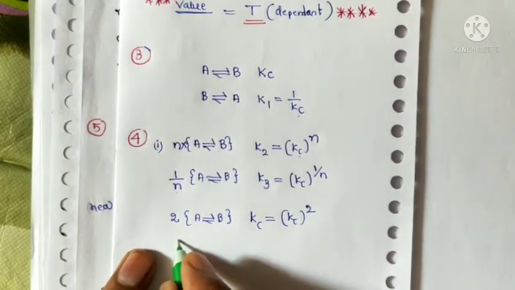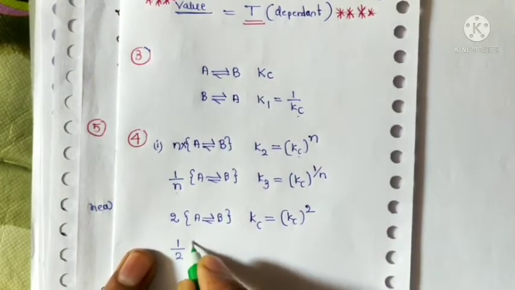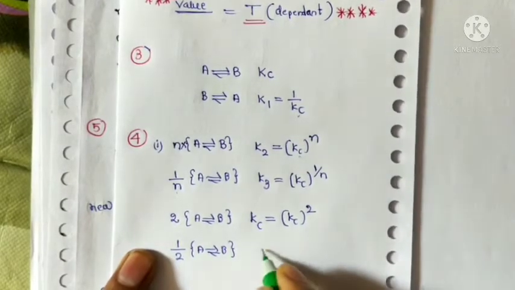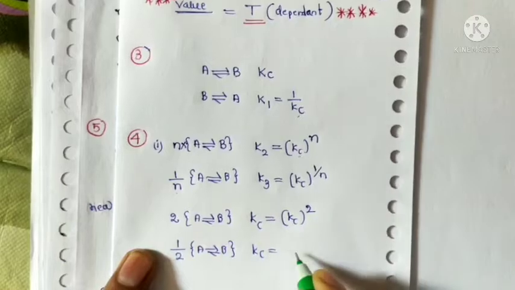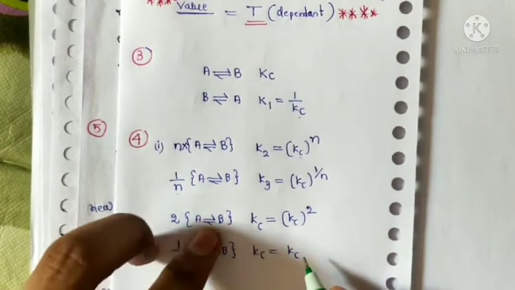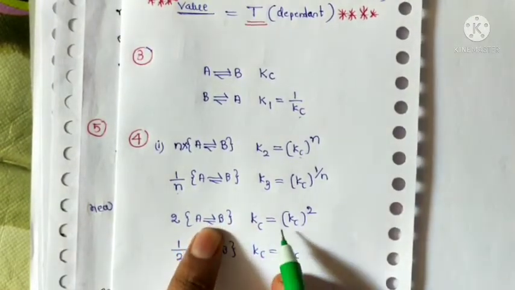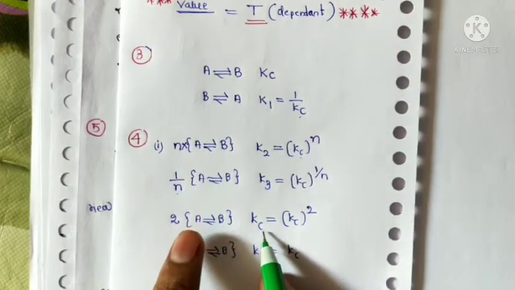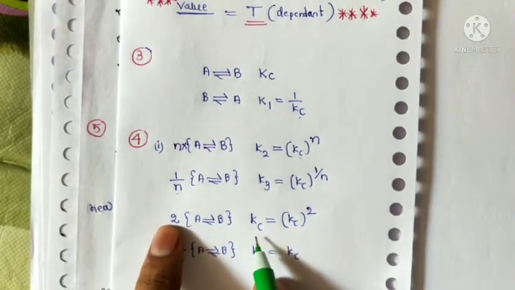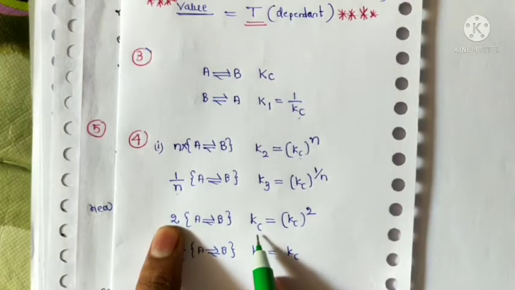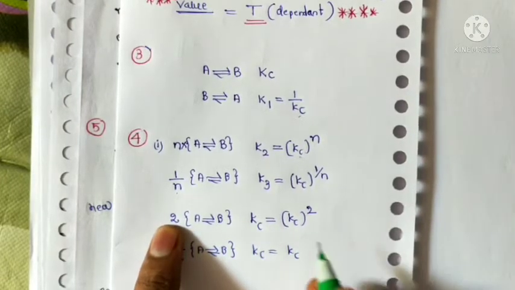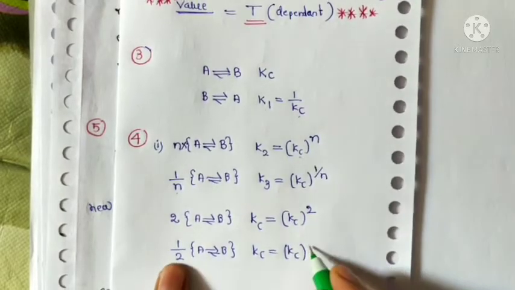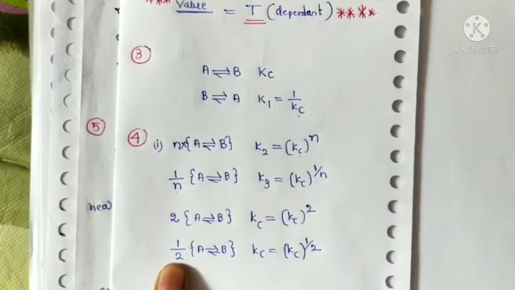Next, half. Kc is this equilibrium constant, but the new equilibrium constant after it is multiplied by 1 by 2, we can obtain the new equilibrium constant, which is Kc to the power of half.